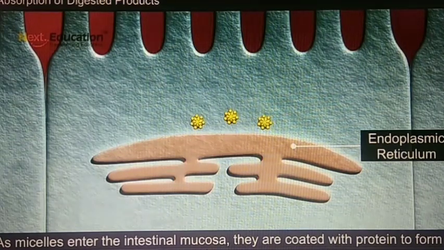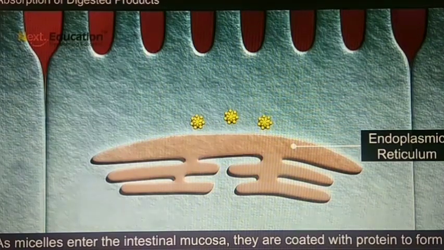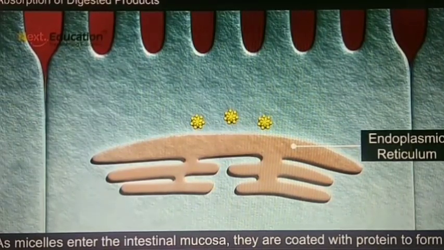As the micelles enter the intestinal mucosa, they are coated with proteins to form small fat globules called chylomicrons. The coating of the micelles with protein is done with the help of certain cell organelles present inside the intestinal cells.